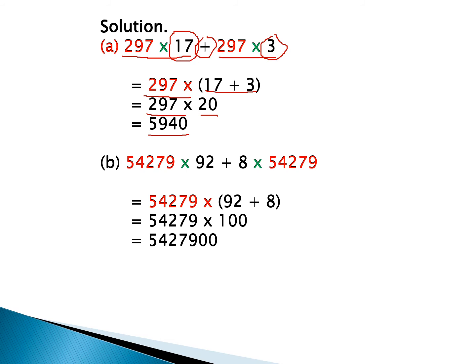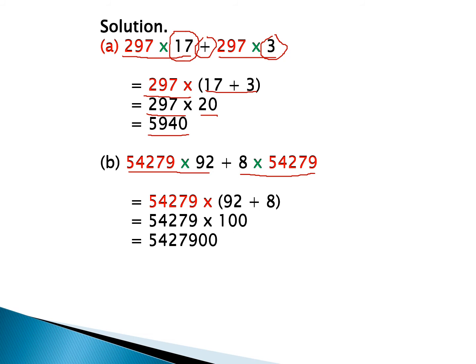54,279 multiply 92 plus 8 multiply 54,279. Now as in the A part, there are two terms in this question. I have underlined the two terms, and what is common in these two terms? Clearly it is 54,279 and multiplication sign.